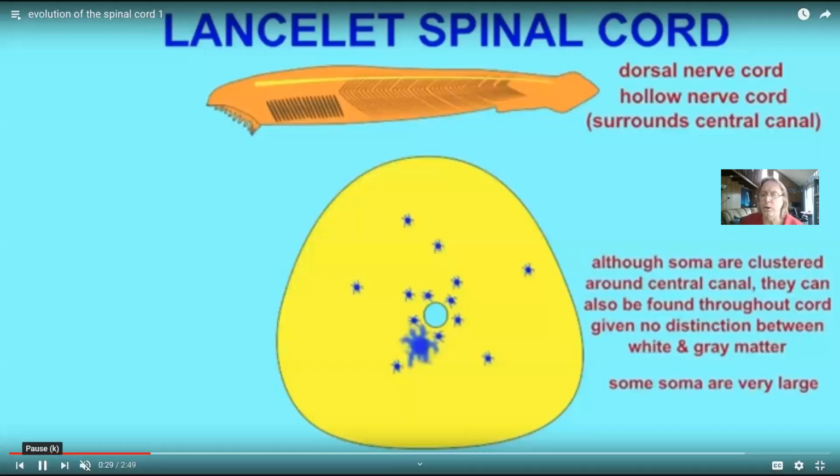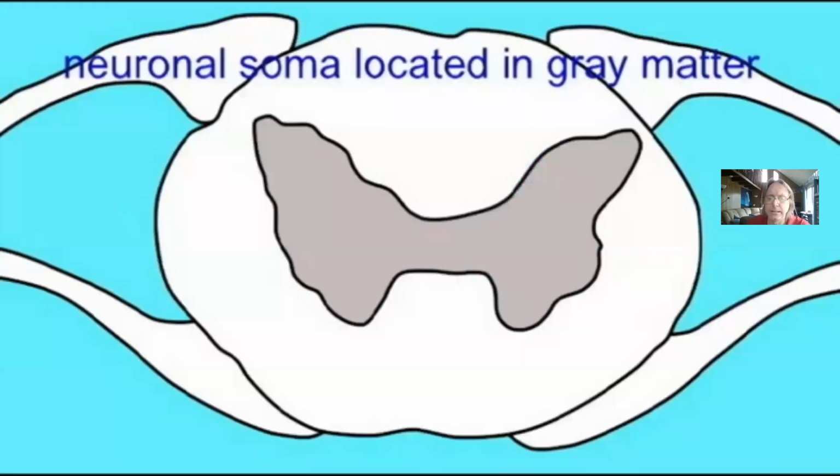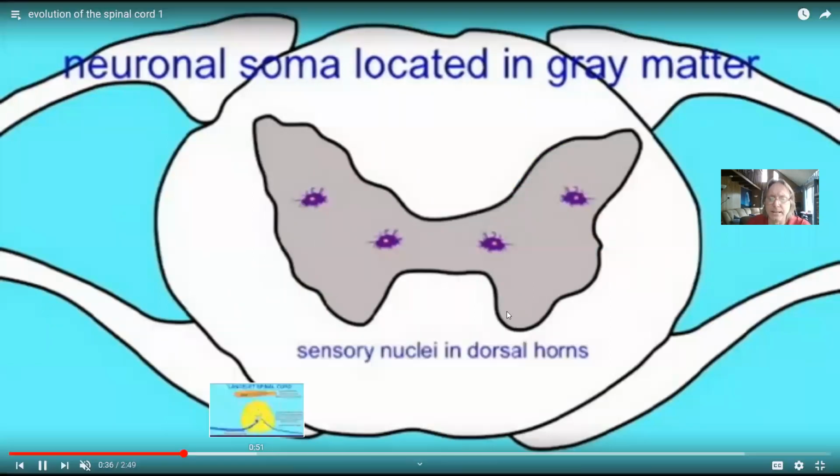One is there are some giant cells in the spinal cord of the lancelets, and also in fish and amphibians, which would be lost in higher vertebrates. So we don't have these giant cells. And then also at first in the lancelets, while there is a concentration of soma around the central canal, the gray versus white matter is not clearly delineated.